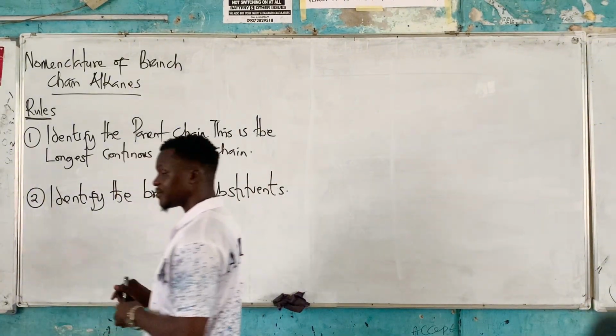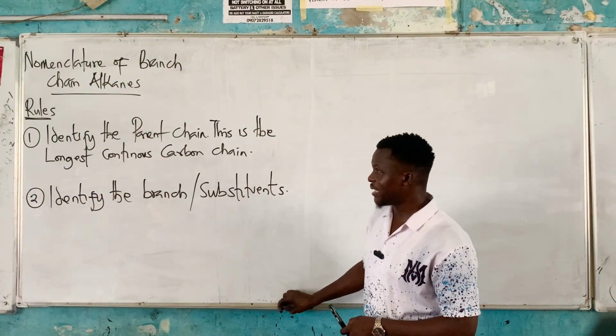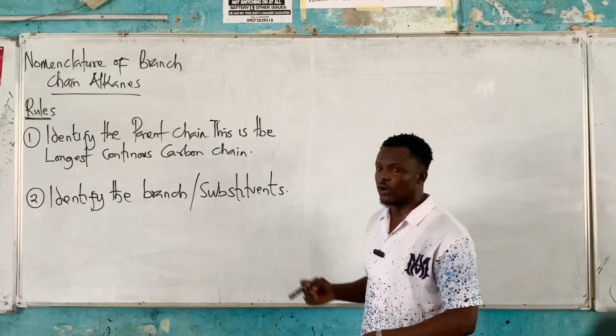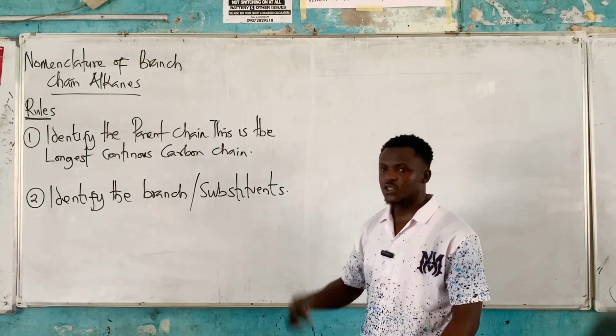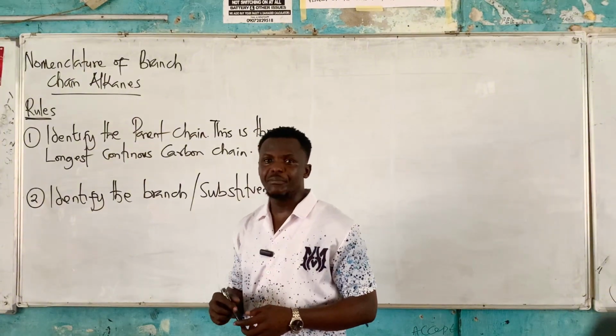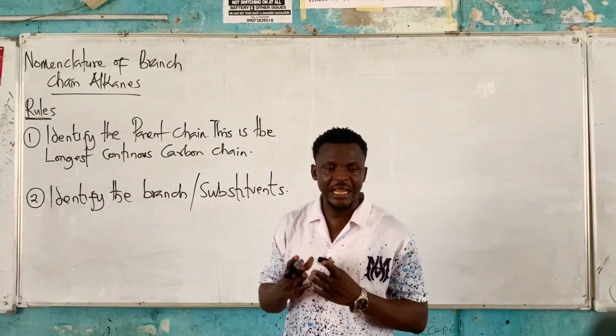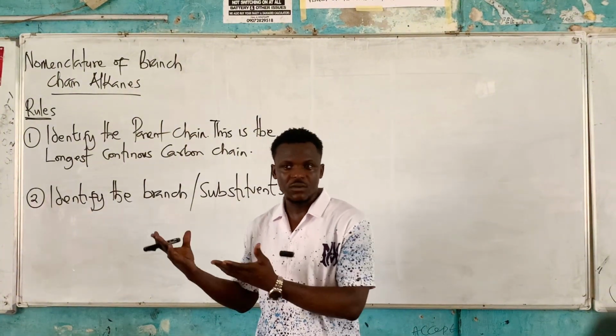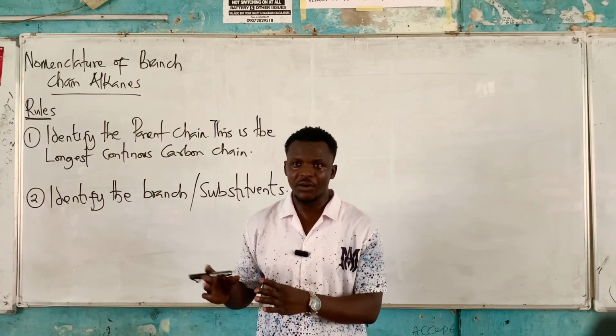Now, class, please pay attention. Branch points can also be called substituents. Substituents can be in a form of carbon and hydrogen, in which case we're going to call it the alkyl groups.